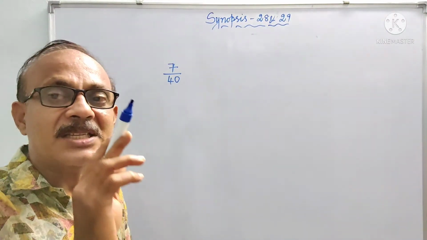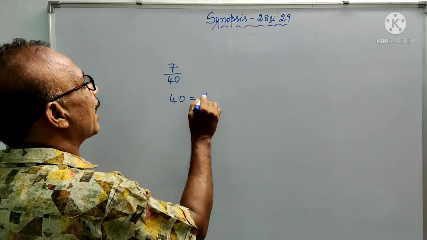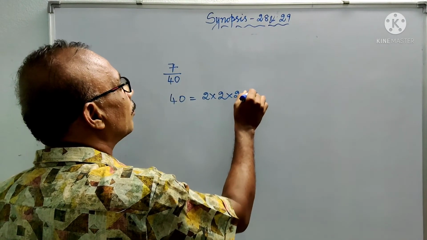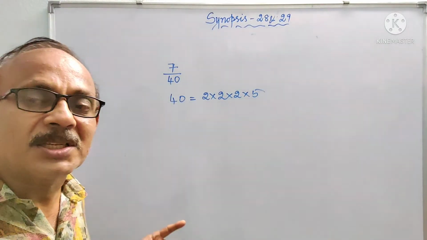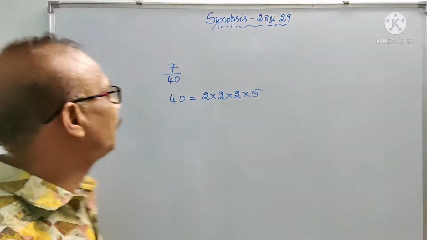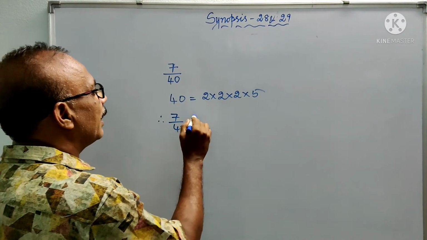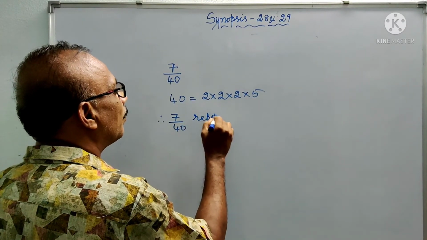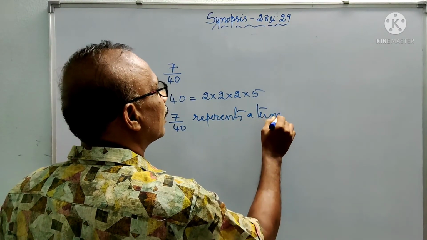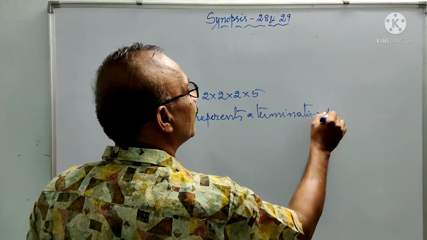Then find the factors of the denominator. The factors of the denominator, factors means prime factors. 40 is 2 into 2 into 2 into 5. So the factors of the denominator are only 2 and 5. Therefore, 7 by 40 represents a terminating decimal.